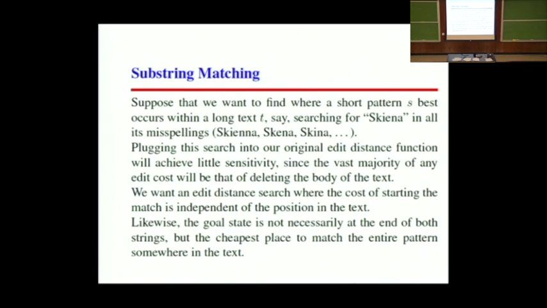And what is the edit distance going to be? It's going to delete everything that wasn't that, right? Then match it. Then delete everything that wasn't that. Then match it, right? Do you learn anything about where Skiena is close in the Bible? Okay, I claim the answer is no.